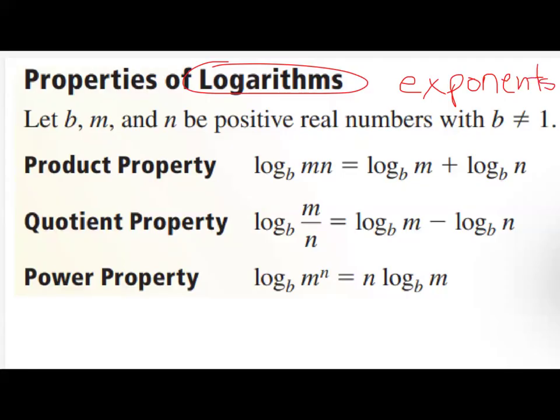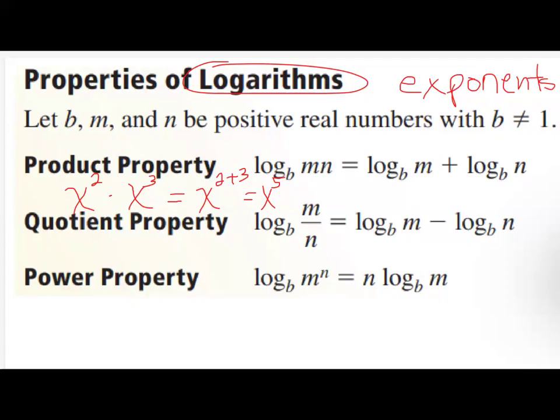So just a quick review of the product property of exponents. Remember, if we've got, say, x squared times x to the third, the product property says that we add those exponents, x to the 2 plus 3, which is x to the 5th. Okay, so you remember logarithms are also exponents.